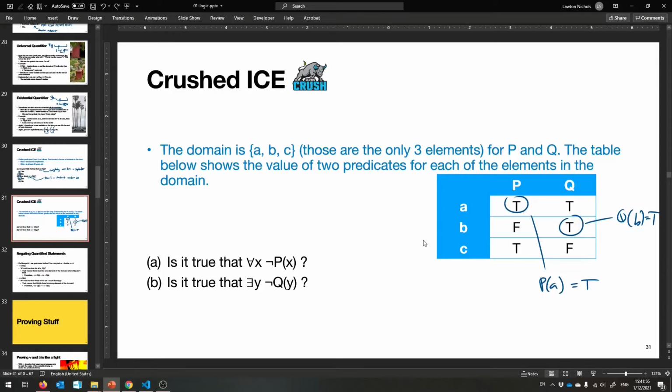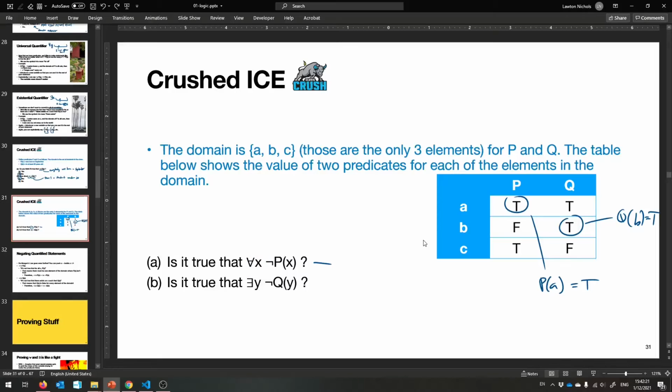So now it's quite easy to look at for all X, and there exists a Y. I'll show you the trick. Take a second to think about, is it true that for all X, not P of X is true? What would have to be true for this to be the case? Well, for all X just means try P of X on every possible element of the domain.